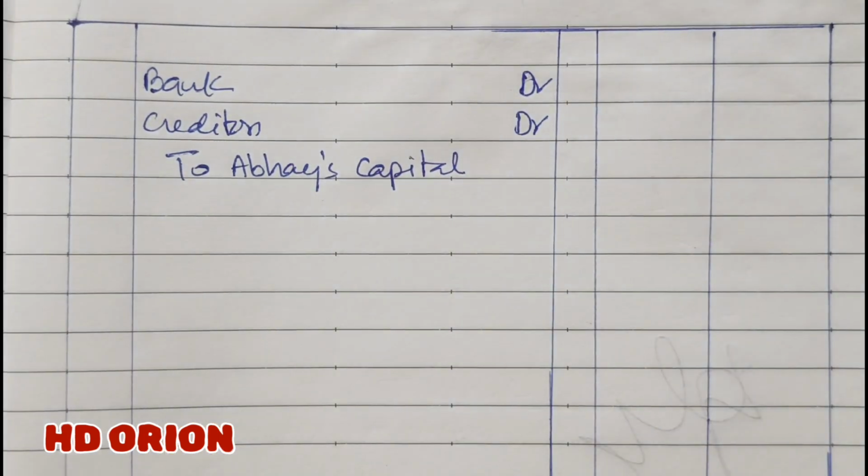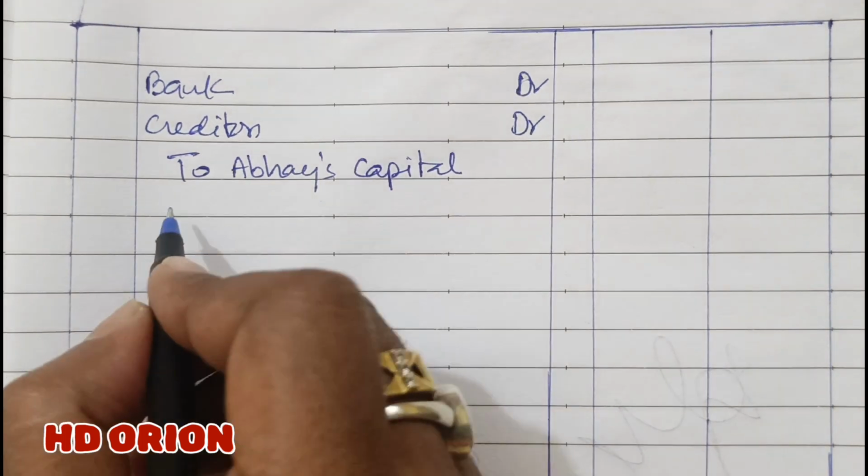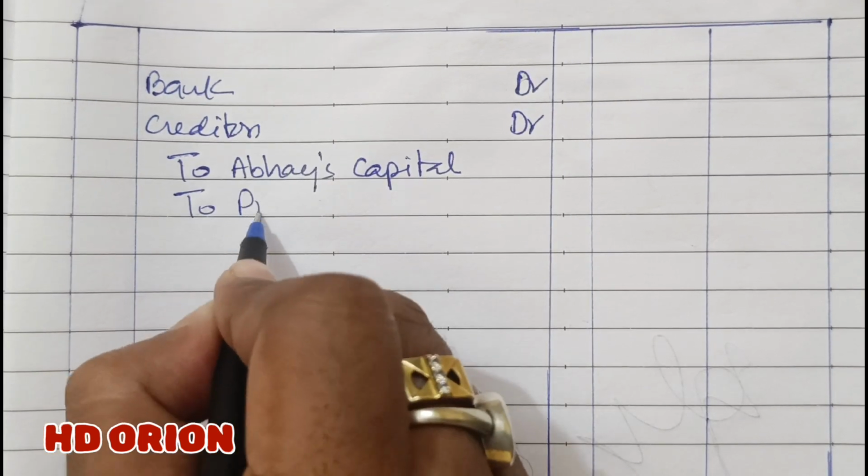And it is said in the question that Abhay is to bring rupees 65,000 as capital after adjusting an amount due to him included in creditors and his share of goodwill. So, and his share of goodwill, so to premium for goodwill.